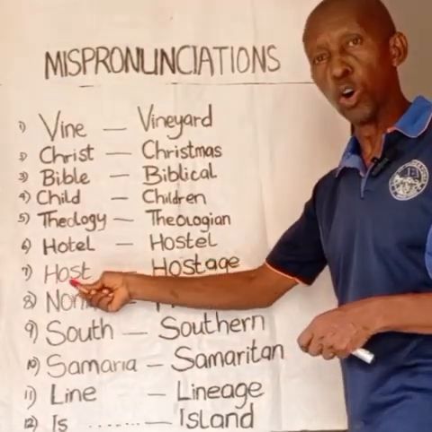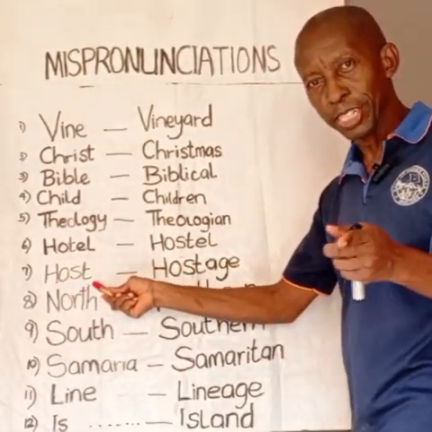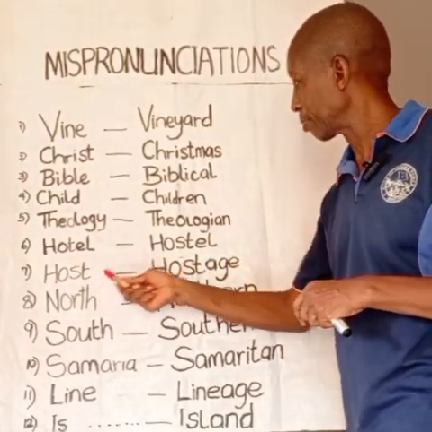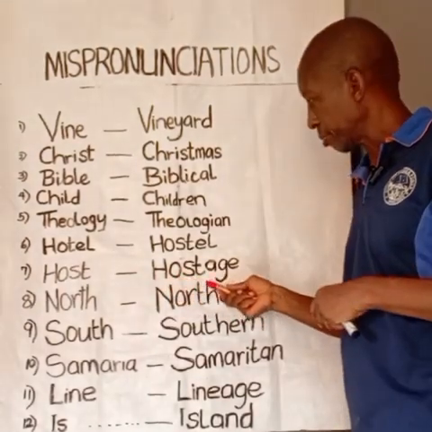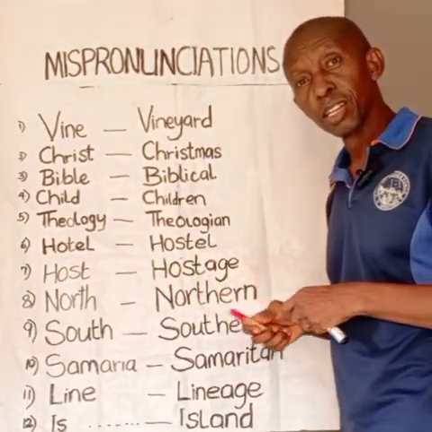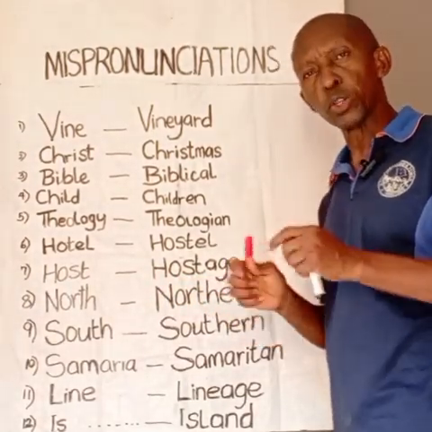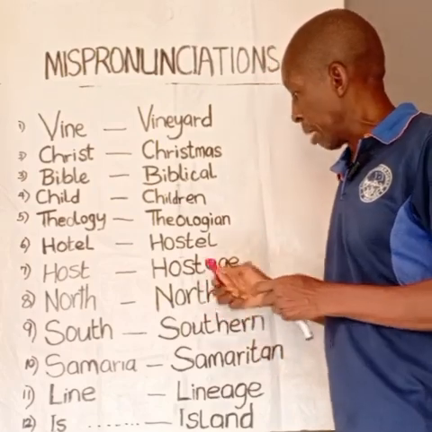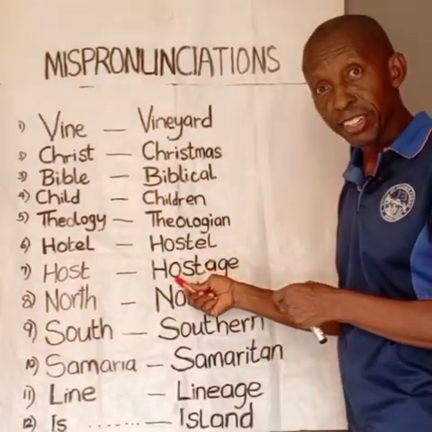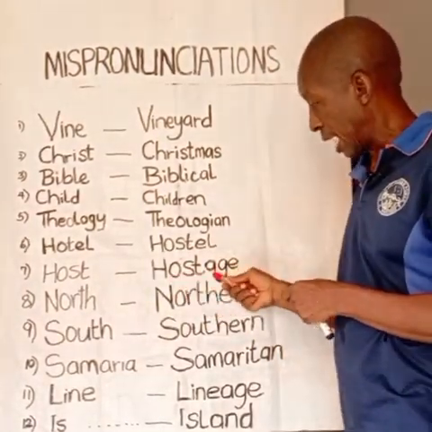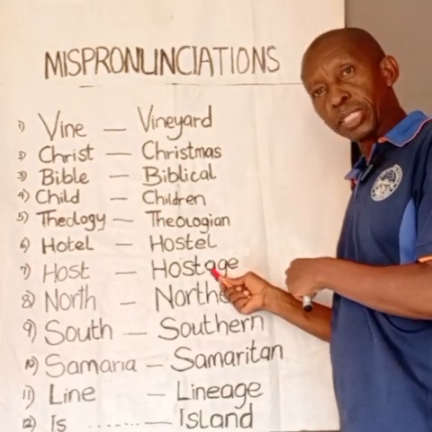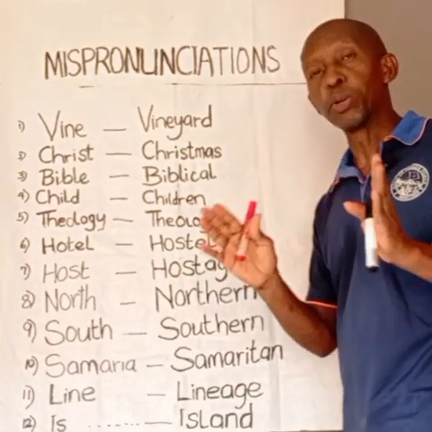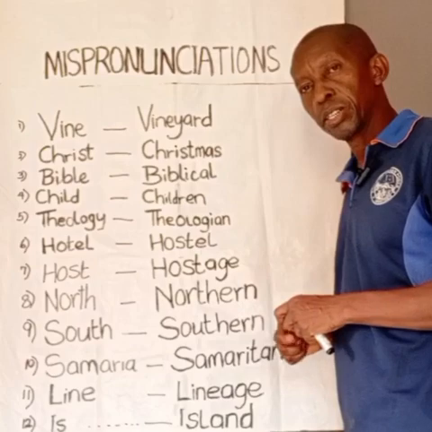Here we have host. You know it? Host. Good. Now you can read. Hostage? No, it is not hostage. Again, the mistake occurs with letter O and this vowel letter A. I will explain. It is hostage.